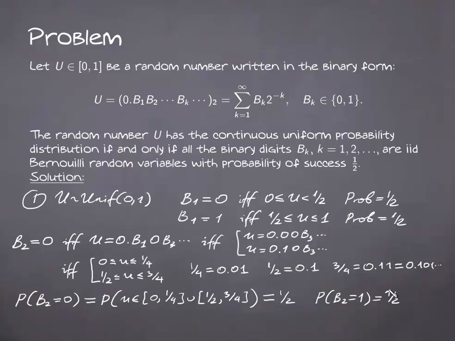Acting similarly, we can prove that any digit is a Bernoulli random variable, and the probability of success, the probability that bk is 1, is 1/2. So how can we write this?